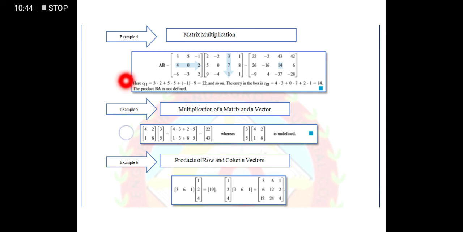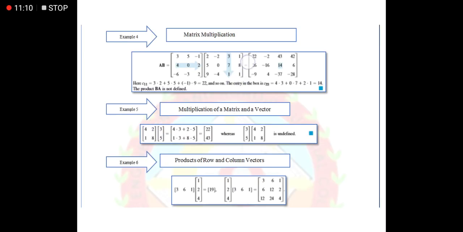Okay? So we have here, no? After you check that they are equal, to get these kinds of entries, you need to multiply.